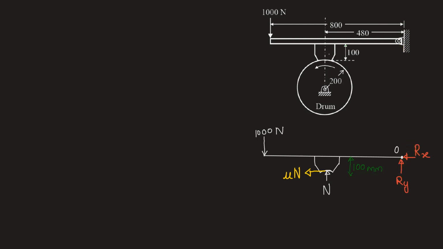Now we can apply the equilibrium of moment equation about point O. So we have summation of moment about point O is equal to 0. If we take the summation of all the moments caused by the forces here, we have 1000 into the distance, which is 800 millimeters. This causes anti-clockwise moment about point O. Let anti-clockwise be positive, so we get this as a positive moment.